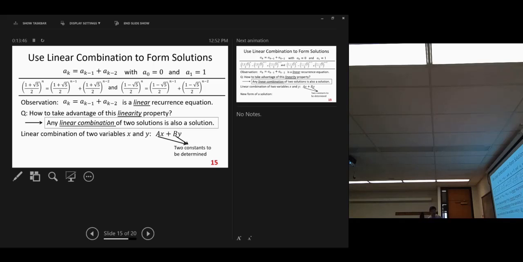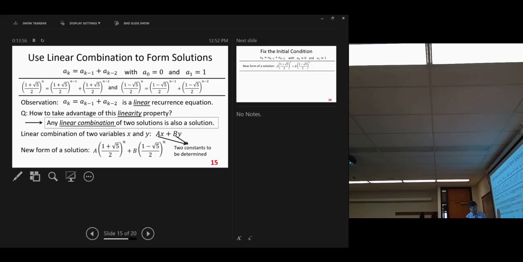So, a new form of a solution. Now I write that new form of the general solution: A times the first solution plus B times the second solution. Can you see this new expression will be another solution of this equation? Can you get that?